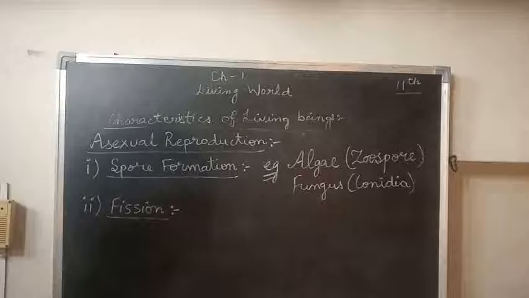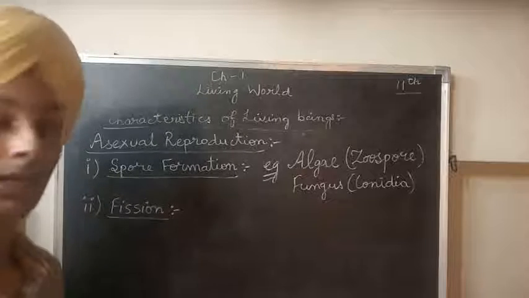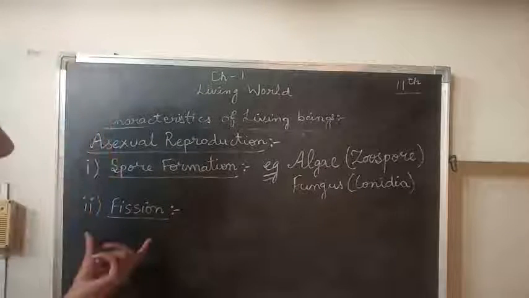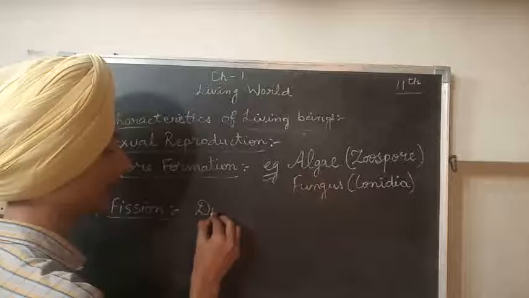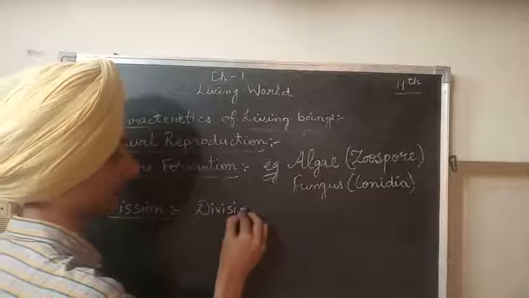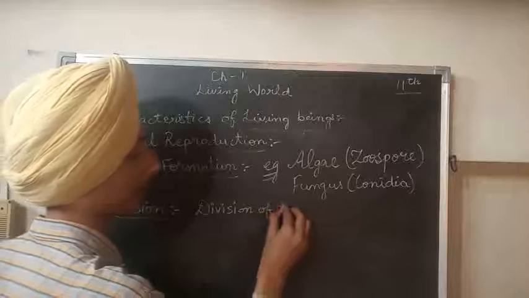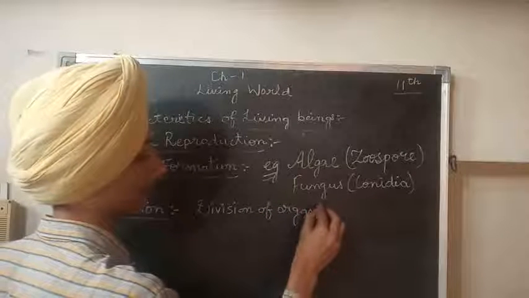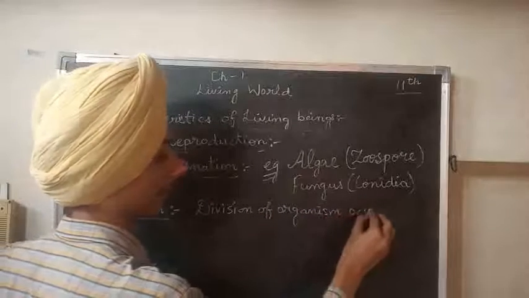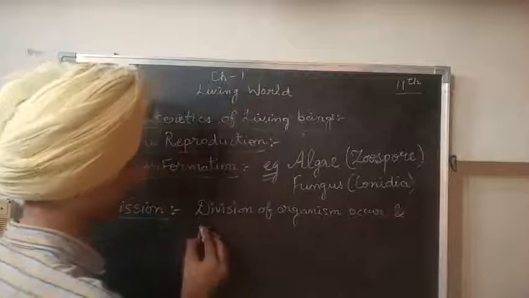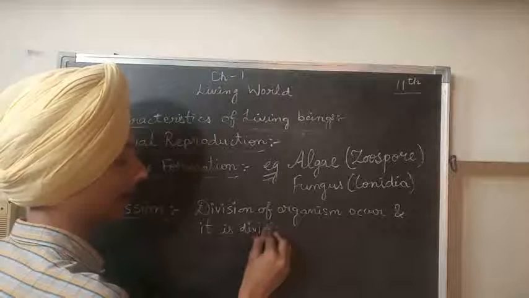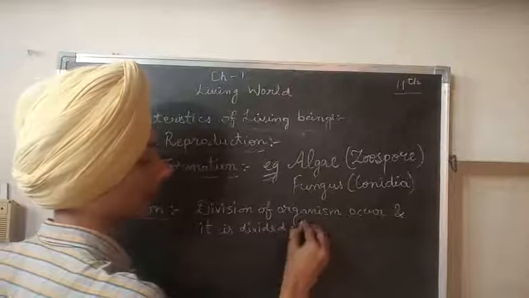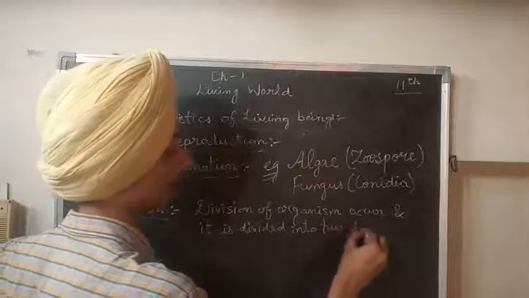Fission is a very common method of asexual reproduction. You might have learned it in the previous classes. Let us discuss fission. In fission, division of the organism occurs and it is divided into two daughter cells.